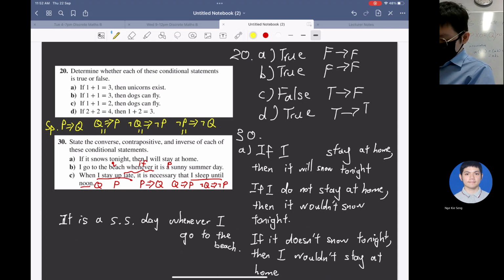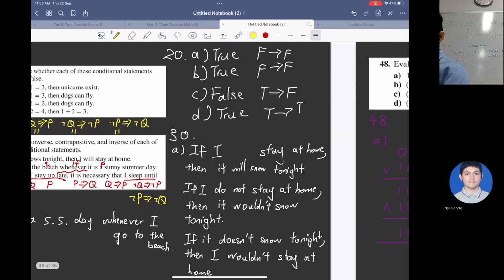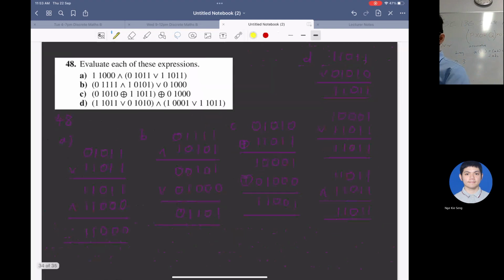And then what else? Inverse, not P implies not Q. So when I don't stay up late, it is necessary that I don't sleep until noon. Okay.